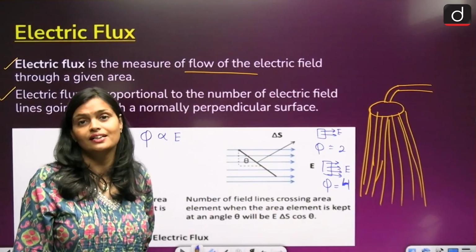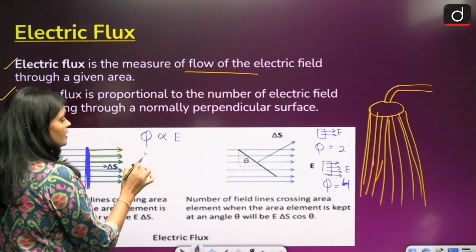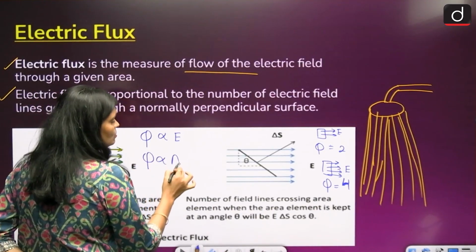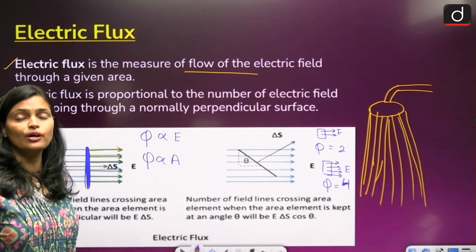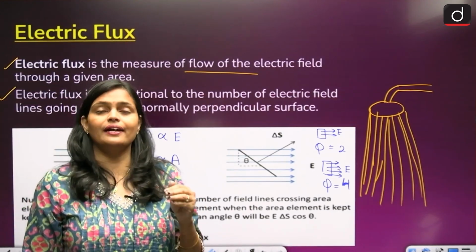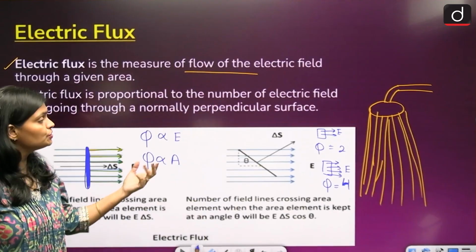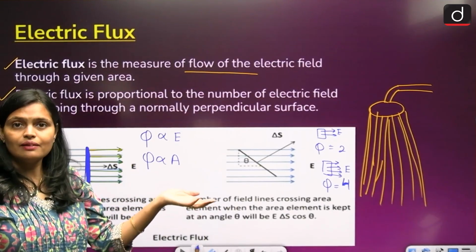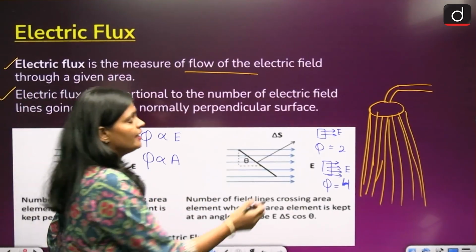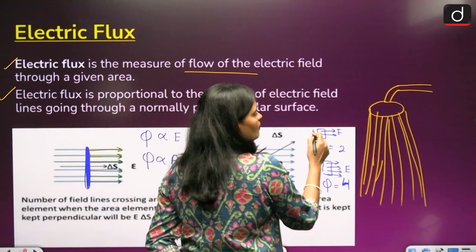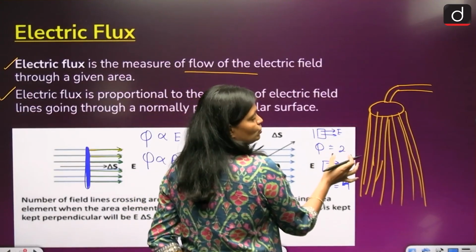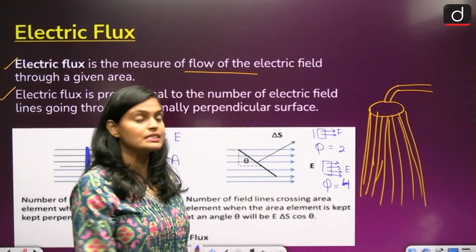Electric field lines. Similarly, the flux is also directly proportional to what? Area, or electric flux is directly proportional to the area as well, right? Suppose here the area is small, you have a smaller area, so lesser the flux.